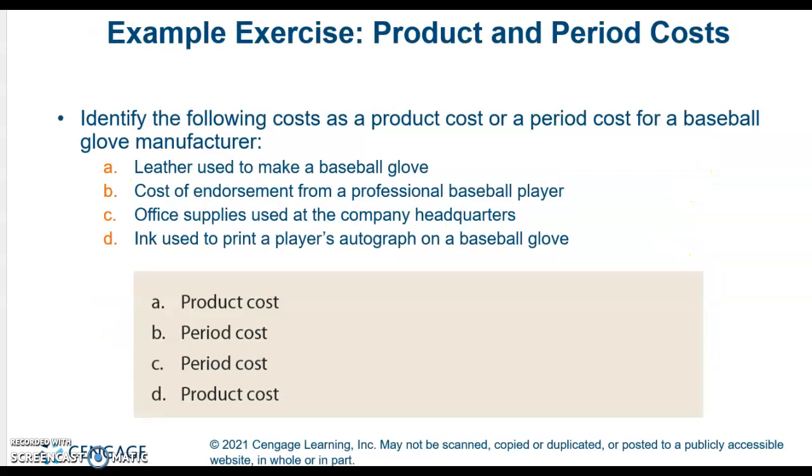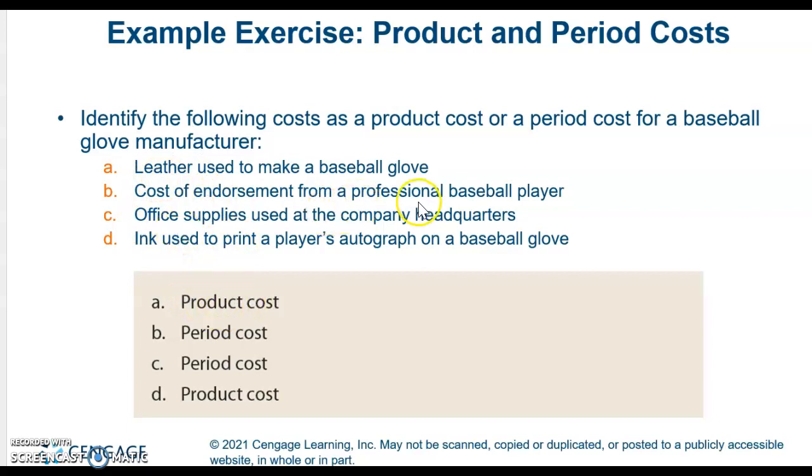Okay, here's an example to go through and make sure that you understand. Leather used to make a baseball glove happens inside the manufacturing building where it's made, so it's a product cost.